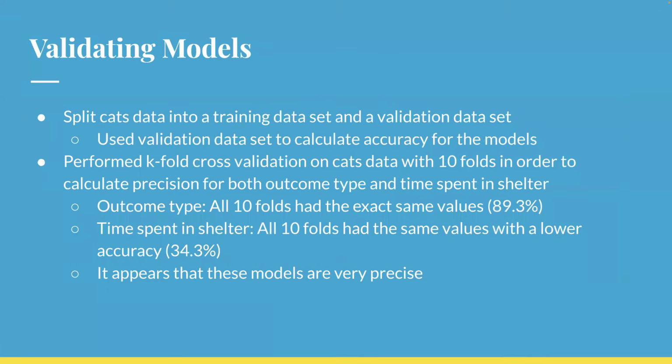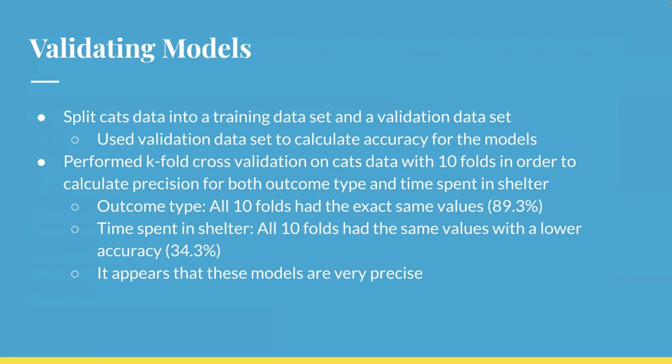So for validating models, I used the validation data set to calculate accuracy for ANN, SVM, and naive Bayes. That was a pretty standard practice: random sampling, splitting the data set, and then using the validation data to calculate accuracy.